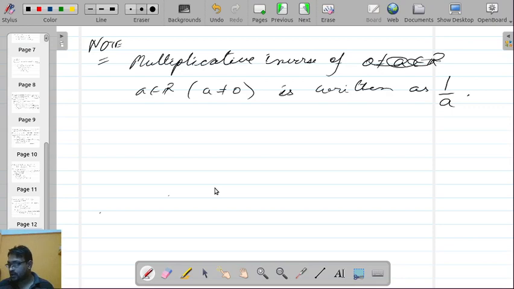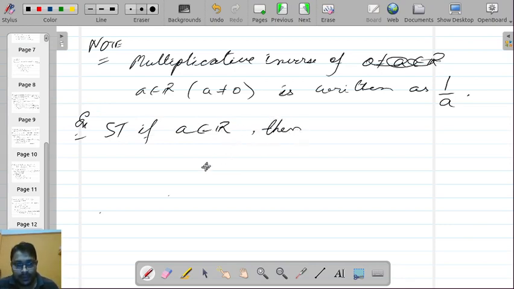Okay, right? So let me give you an exercise which you may try. Show that if A is an element in R, then a dot 0 is always equal to 0. A multiplied with 0 is always 0.